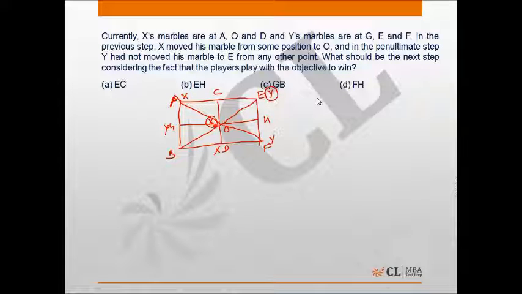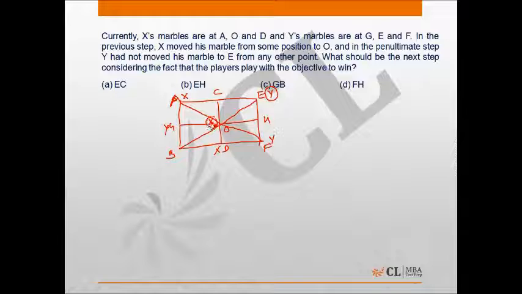As the previous step was of X, so this step has to be of Y, and both the players are playing with the objective to win the game, and we know a player can win the game only after getting all his marbles in a straight line.